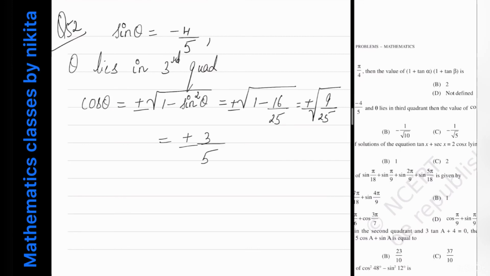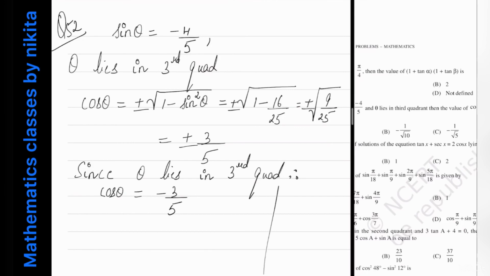Now since theta lies in the third quadrant, I know that cos theta is negative. So since theta lies in third quadrant, therefore I will take the negative value. So this is minus 3 by 5. Now we have to find cos theta by 2.